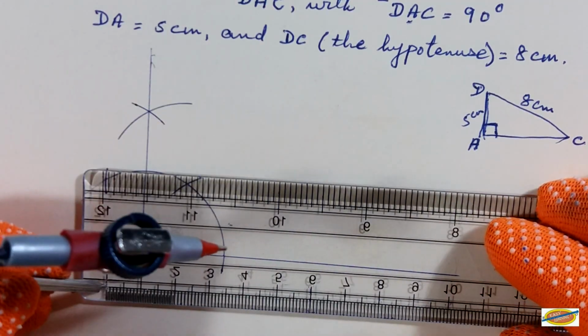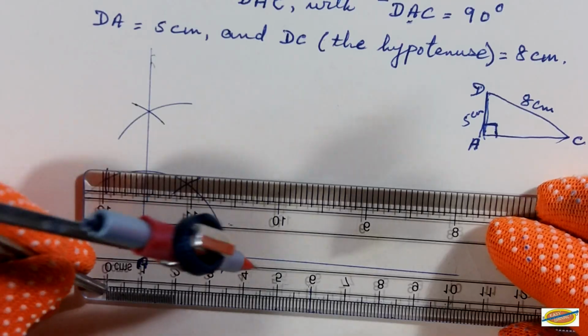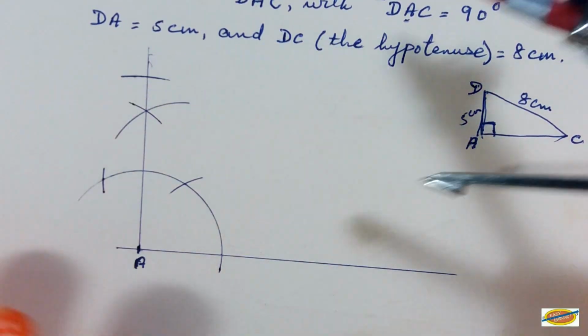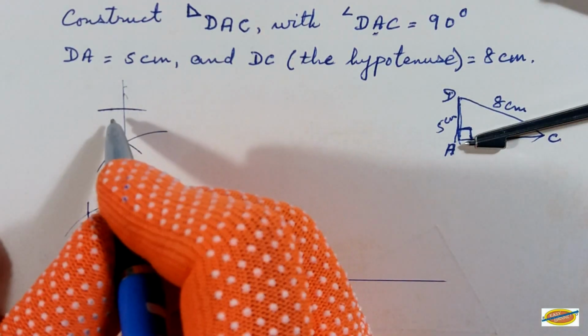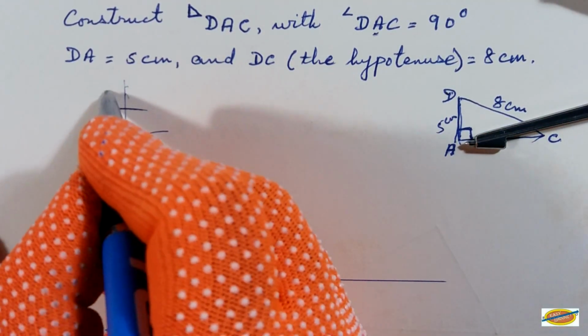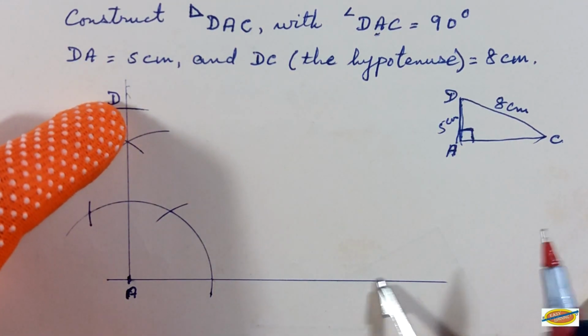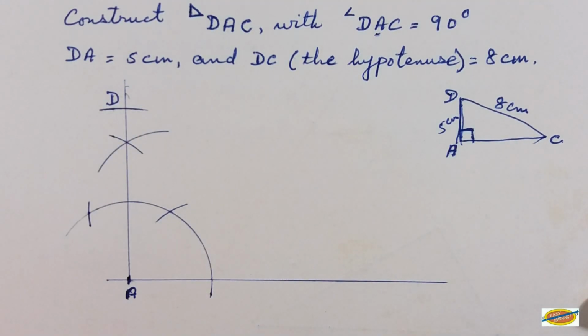We measure 5 centimeters. Now we know that this point is D. From D to C, somewhere over here, is 8 centimeters.